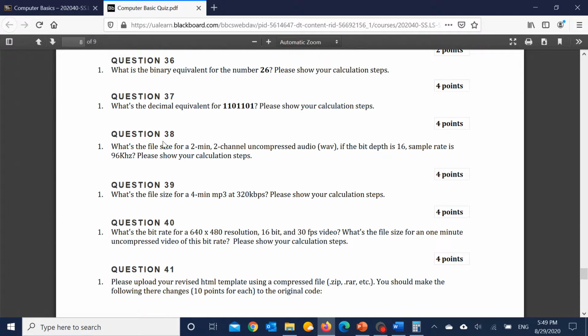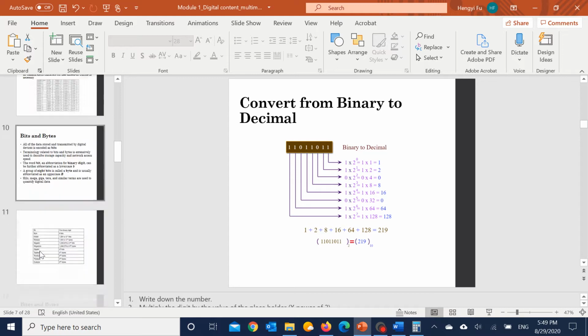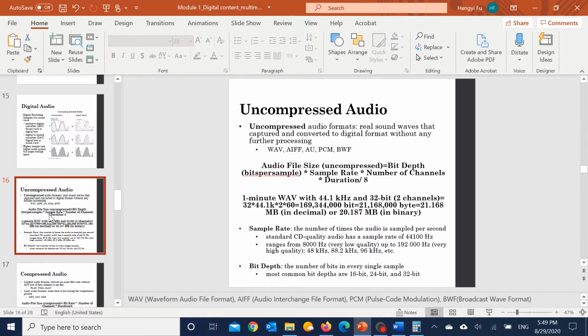Question 38 to question 40 are for either audio or video file calculation. Question 38. What is the file size for a 2-minute 2-channel uncompressed audio such as WAV if the bit depth is 16, sample rate is 96,000 Hz? Please show your calculation step. You should refer to this slide 16.